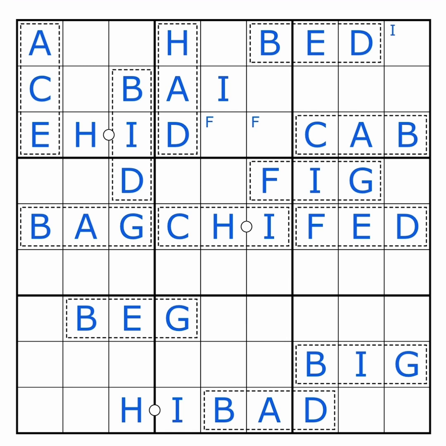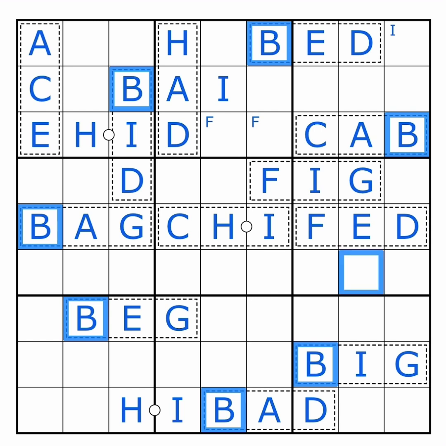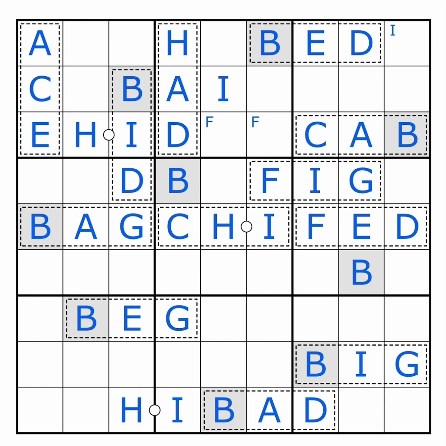So we've got our three-letter words. Let's see if the B's fall now. Yes. There's a B here and a B there, and that's all the B's. Gray those out. Let's see the I's or the A's.